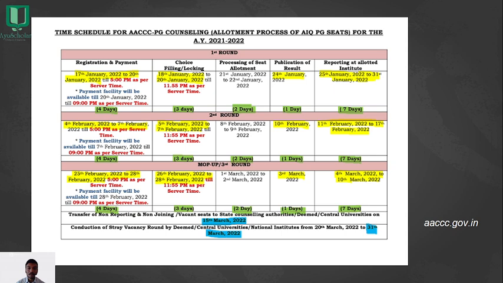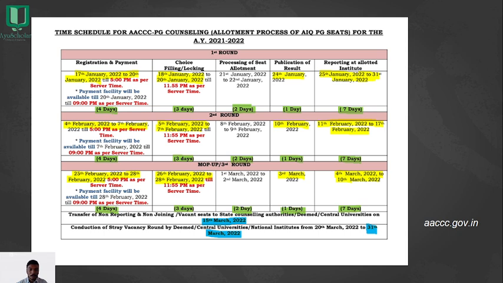The second round starts with registration from 4th February till 7th February, and choice filling or locking of the choices is allowed for 3 days from 5th February to 7th February. Processing of seat allotment will take place on 8th and 9th February, and the publication of result will be on 10th February. The time window given for reporting at the allotted seat is 7 days, from 11th February till 17th of February.